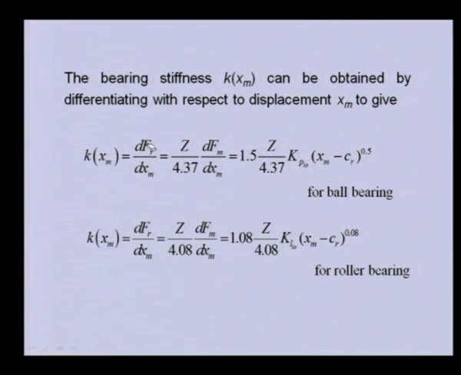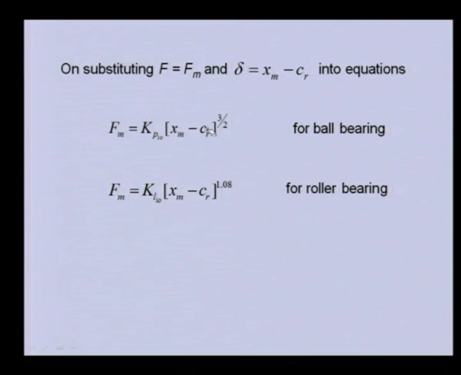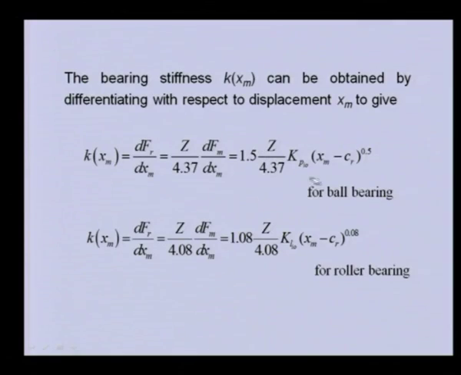We can put Fr from the previous expression, and we get the stiffness term like this, and Fm again we can put from previous relations. So we get the ball bearing stiffness in terms of various parameters of the bearing like clearance, the maximum loaded roller deformation, the number of rollers, and the load deformation constant for point contact. Similarly for roller bearing we can obtain the stiffness, the exponents change, and the load deformation constant will also be different.